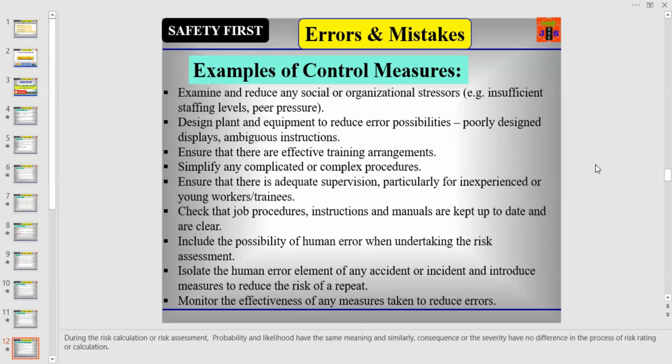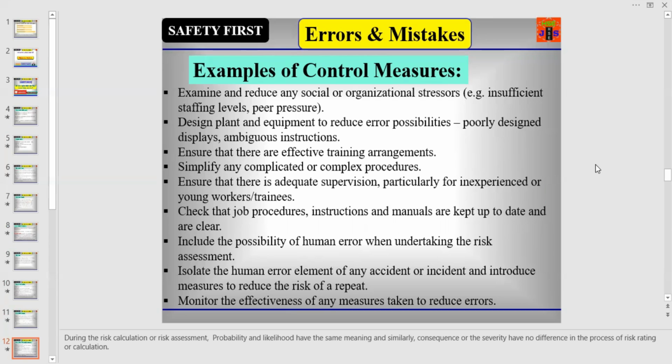Number three, design plant and equipment to reduce error possibilities. Number four, ensure that there are effective training arrangements. Number five, simplify any complicated or complex procedure. Number six, ensure that there is adequate supervision, particularly for inexperienced or young workers or trainees.